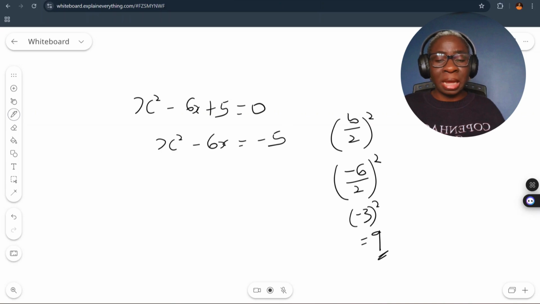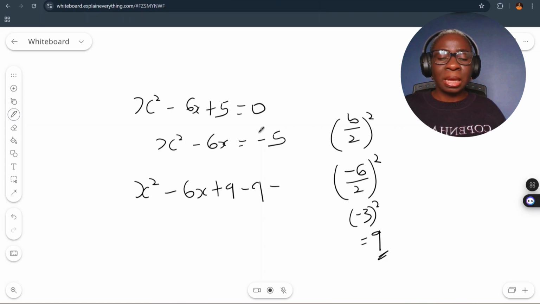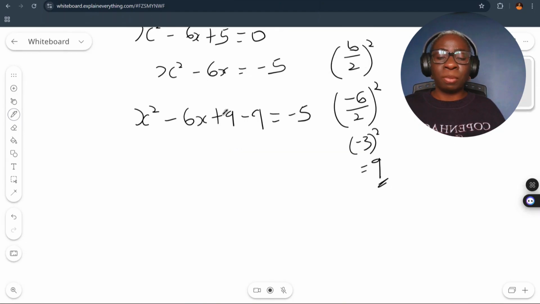Once we get that, we will add and subtract it on the left hand side, so that we have x squared minus 6x plus 9 minus 9 equals -5. You know that adding 9 and subtracting 9 leaves the same thing, but we are solving by completing the square.